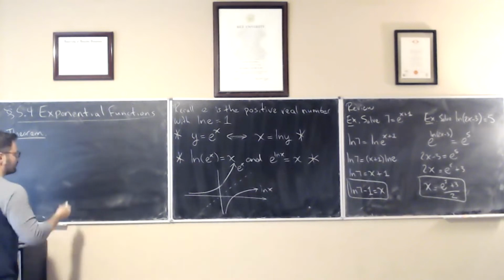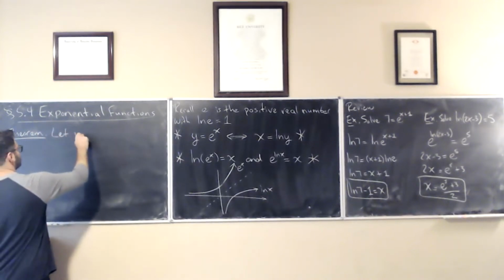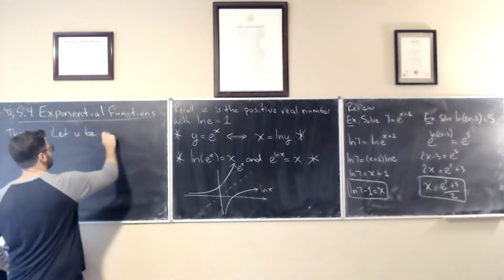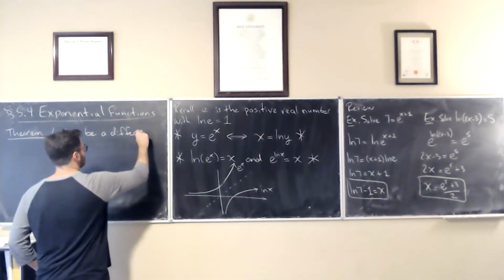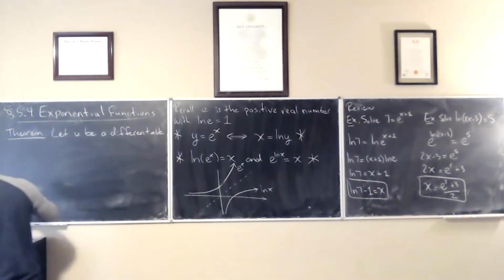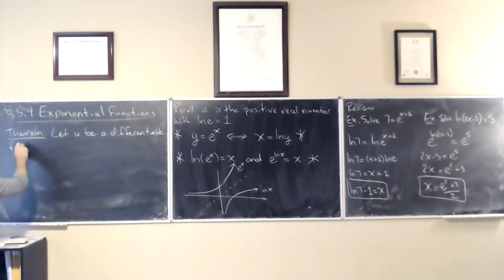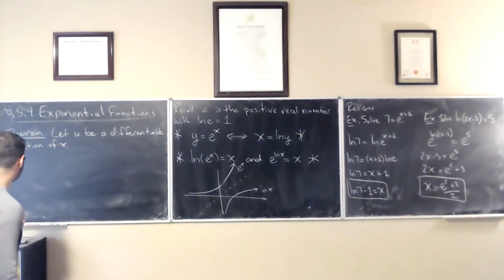I don't know the number of it in the textbook, but it is a theorem. It says, let u be a differentiable function of x. Okay. And there are two parts to this.